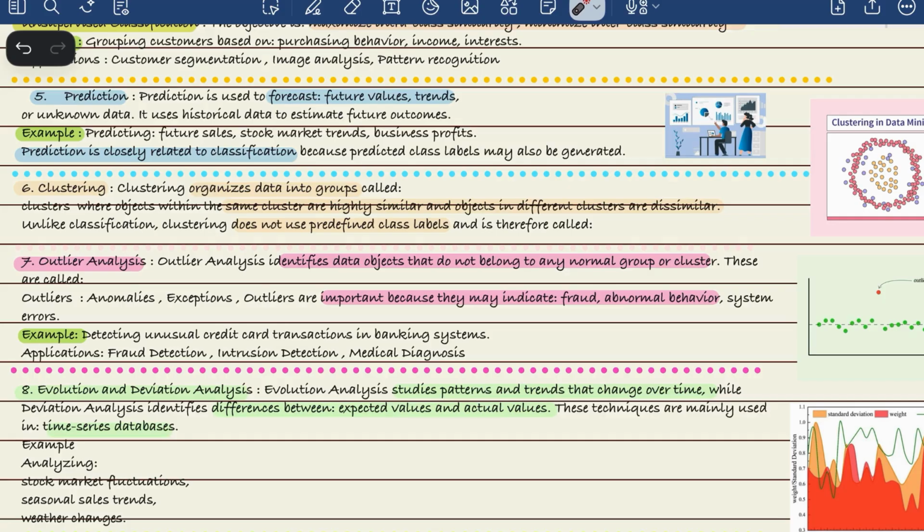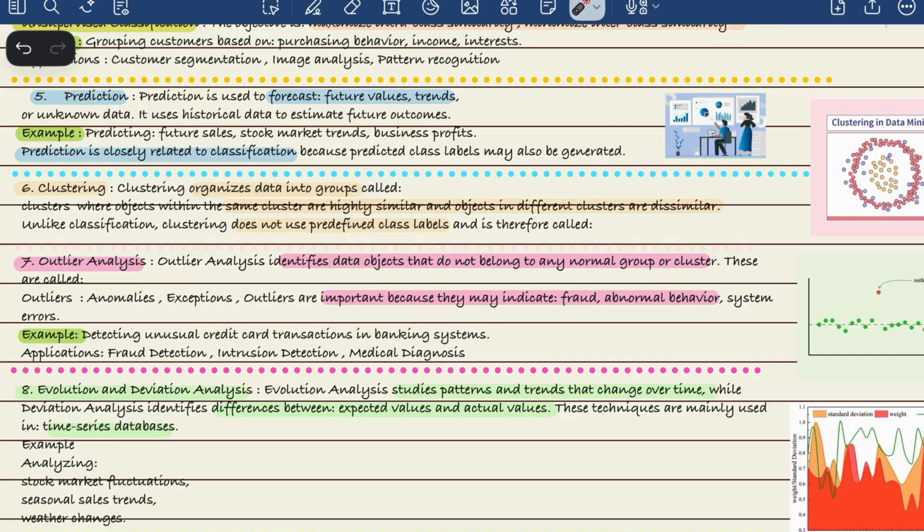So how would you get to know that? Based on the past historical data, based on the patterns that our sales data is following, you are able to predict how much sales you are going to make.